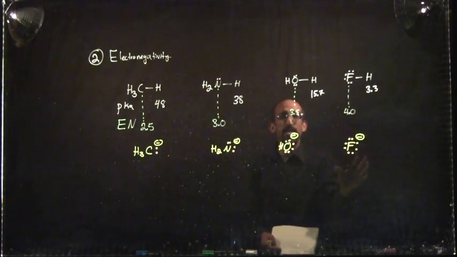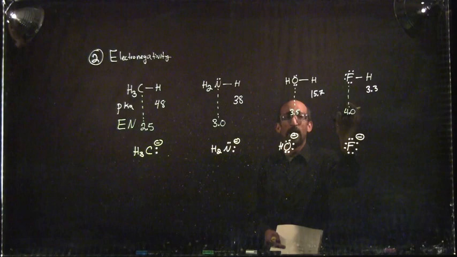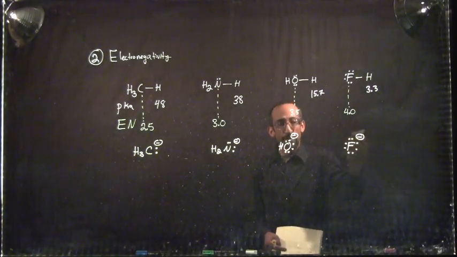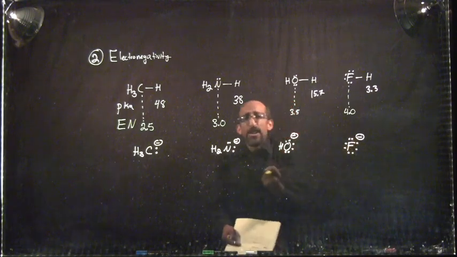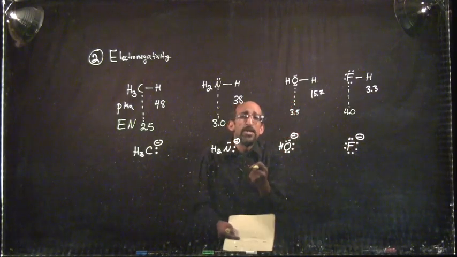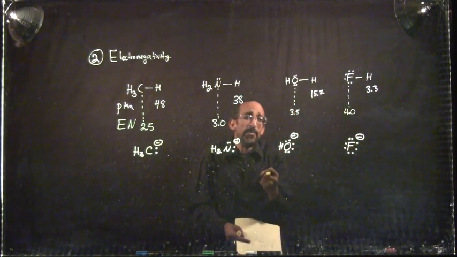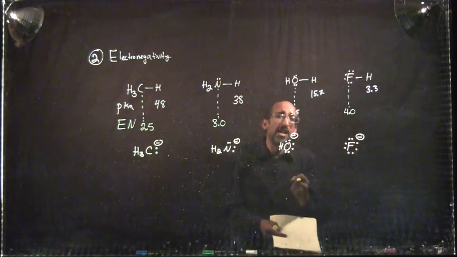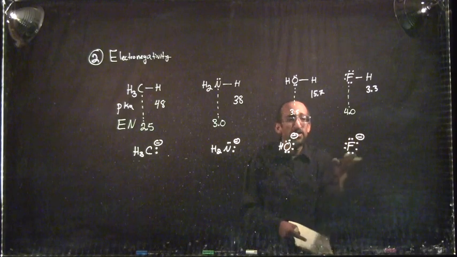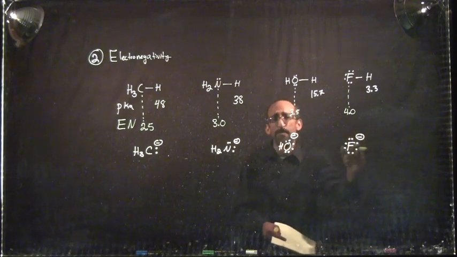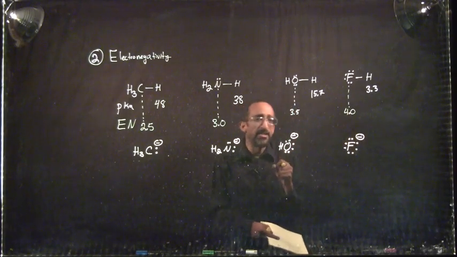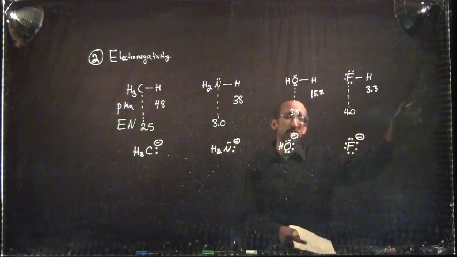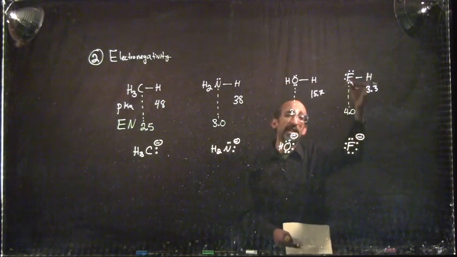Whereas here in fluorine, with an electronegativity of 4.0, that new lone pair on our conjugate base is held very tightly to the fluorine. The fluorine nucleus does not easily want to give up that new lone pair because it's so electronegative. And so now that new lone pair on fluorine is very close to the nucleus, and it's not as free to go and form a new bond to regenerate the acid.